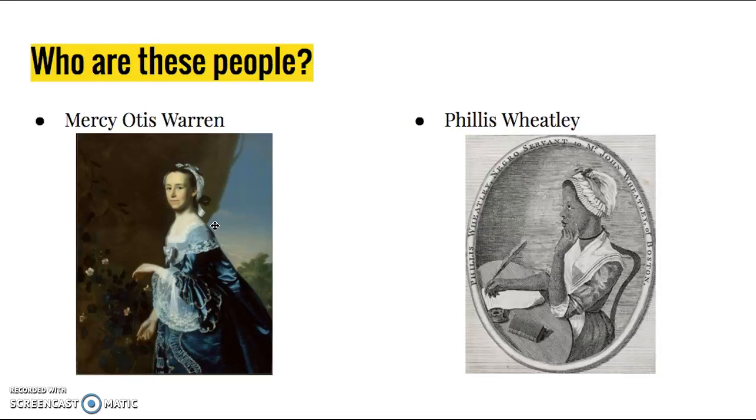So you see these two ladies supporting the cause of the revolution, and people really can get a hold of their media, the things they are creating, and it changes their mind, if maybe they need something to change their mind about how they view the revolution or how they view Britain. So their ideas really are very important when we're talking about the revolution and getting people on board to actually rebel against Britain and this idea of independence. These two ladies really pushed people to do that very thing.